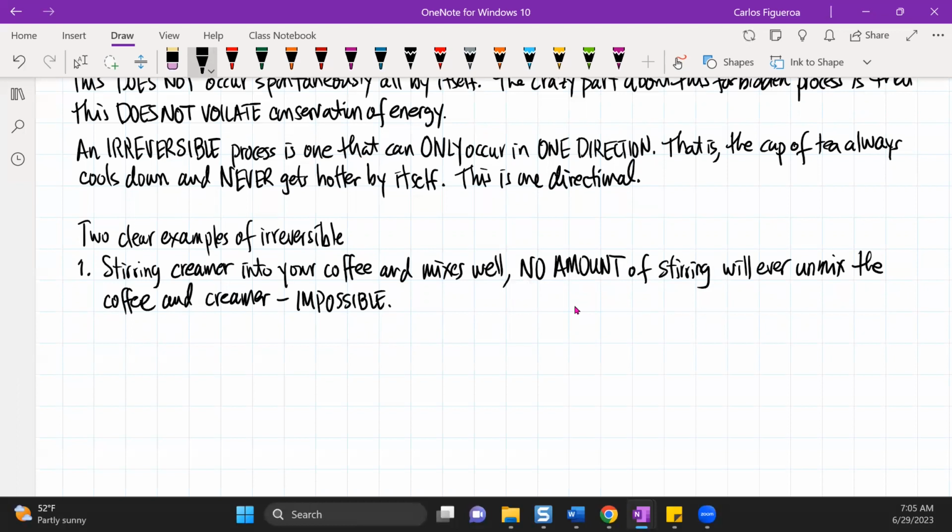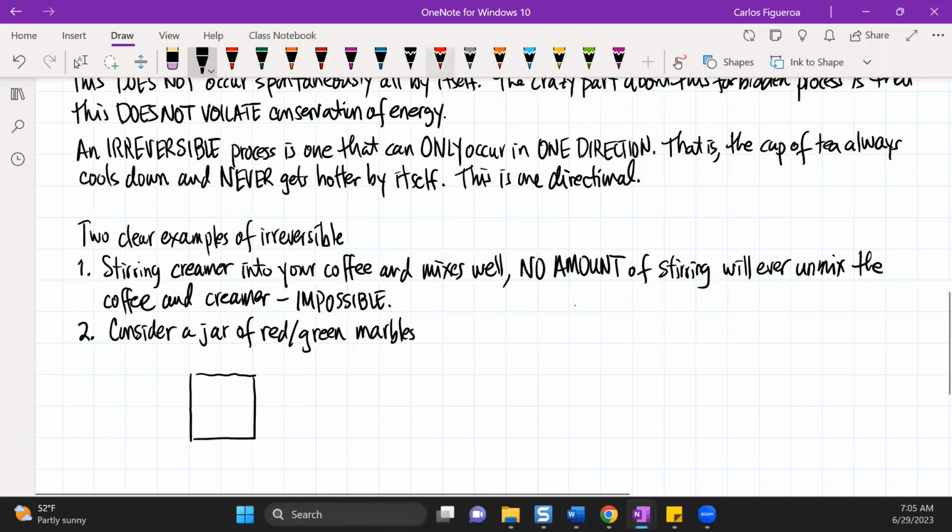Another one is to consider a jar of red and green marbles. So if I look at that, what am I seeing here? I have a container of marbles like this.